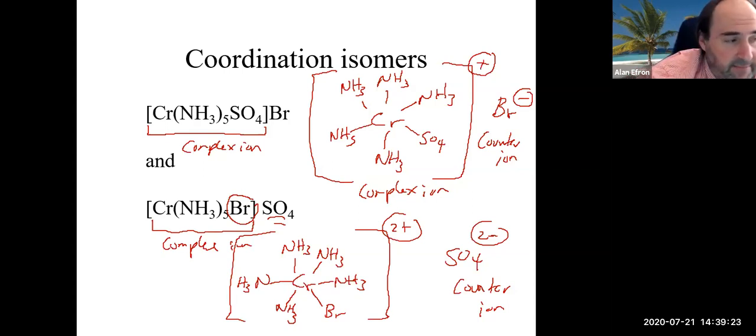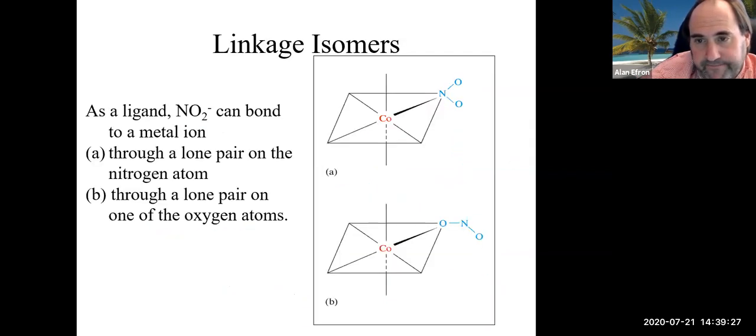Now, another type of isomer is what is known as a linkage isomer. And in a linkage isomer, much like the name implies, it is actually the atom that binds to the metal that is different. The ligand itself is the same, but the actual atom that is doing the bonding to the metal is different.